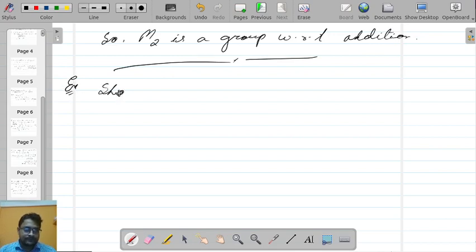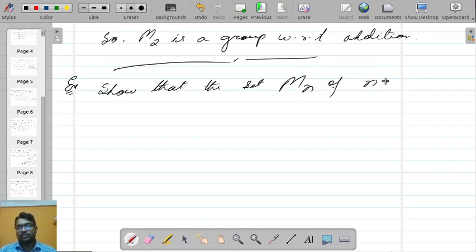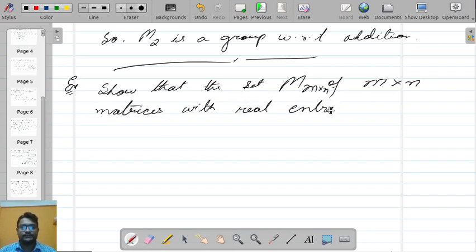So let us try the general case. Show that the set, say Mn, of n by n matrices, or say m by n matrices, let us take a general one of m by n matrices with real entries, is a group with respect to matrix addition.